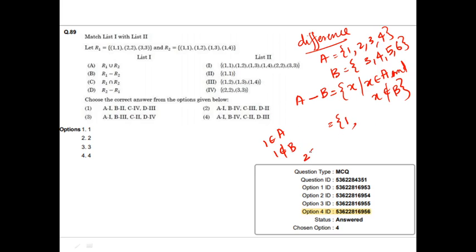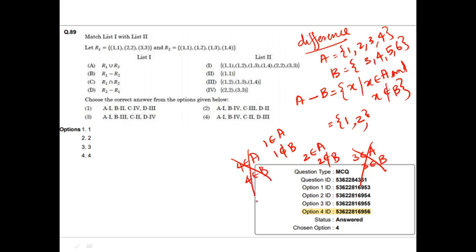Similarly, 2 is an element of A, and 2 is not an element of B. So surely we can include 2 in A minus B. What about 3? 3 is present in both A and B, so this cannot be taken. What about 4? 4 is also in the same case, an element of A and an element of B also.